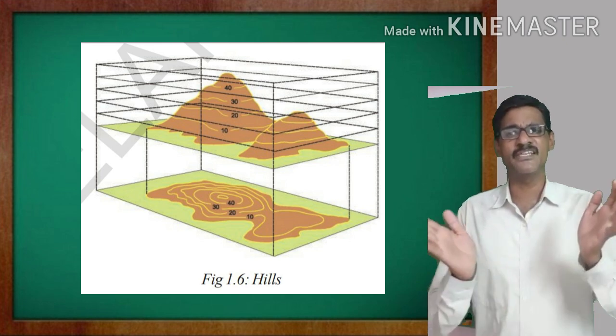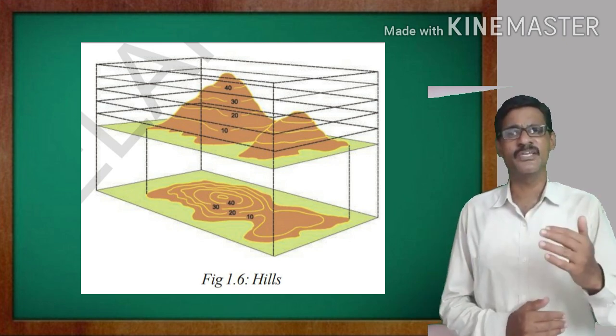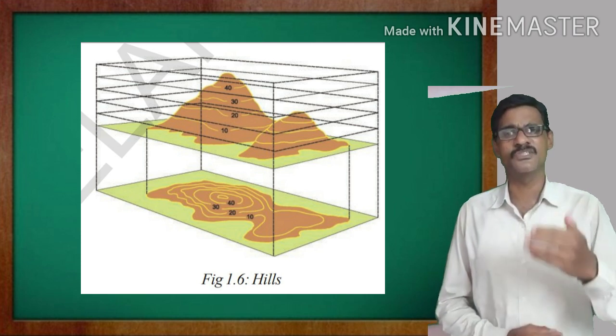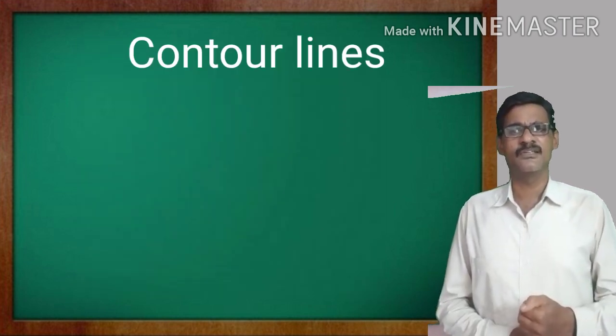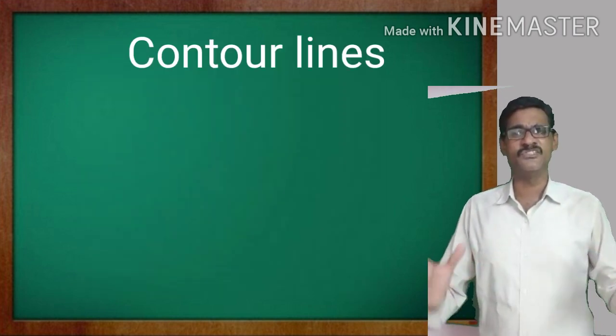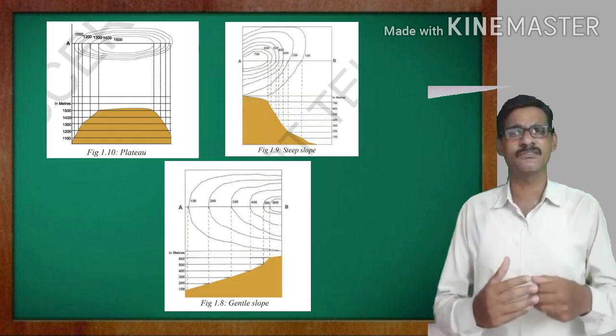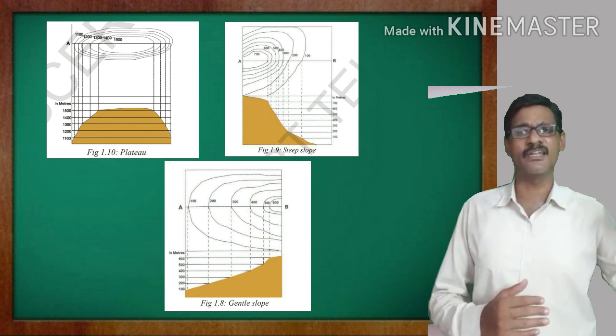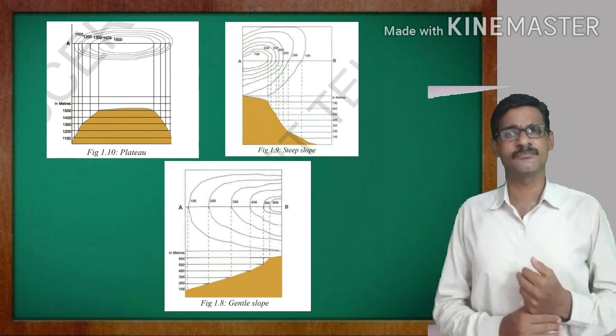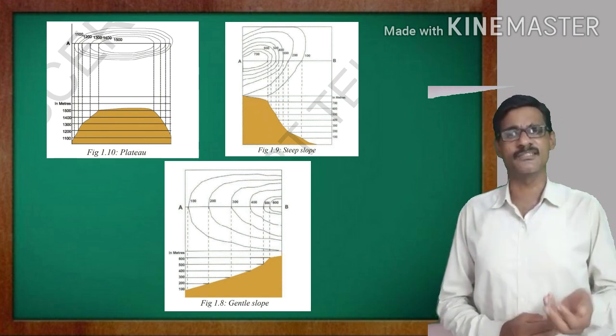To show their elevation, their height, we use contour lines. Contour lines join the places which have the same height from the mean sea level.